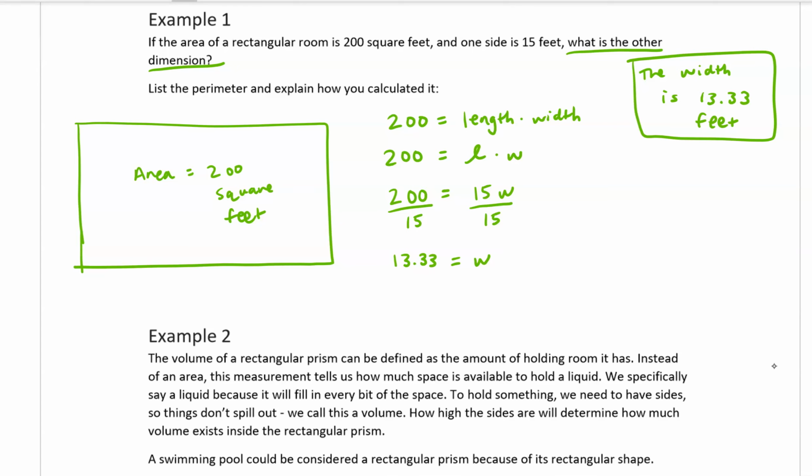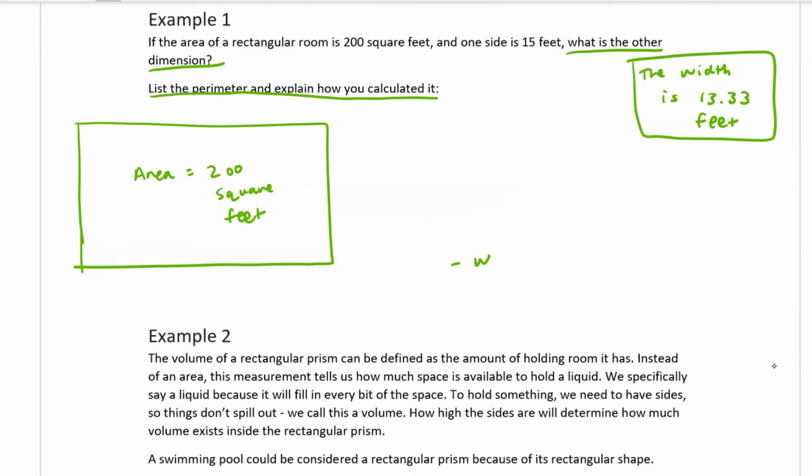Now, the second question says list the perimeter and explain how you calculated it. So I'm going to go ahead and erase this stuff here. And we want to find the perimeter, and we know that the perimeter is equal to 2 times the length plus 2 times the width, which is basically just adding up all the side lengths together.